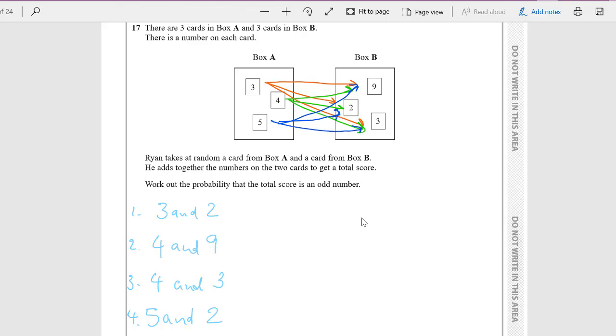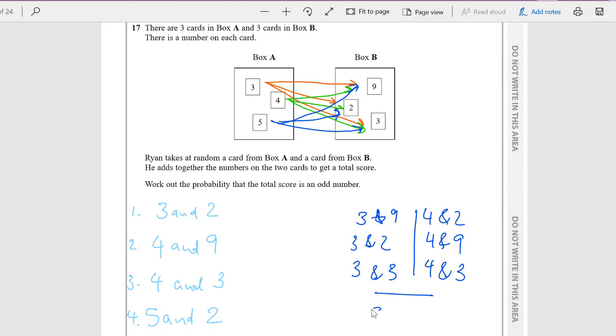So let's write that down. 3 and 9, 3 and 2, 3 and 3, that's 1. Then 4 and 2, 4 and 9, 4 and 3.